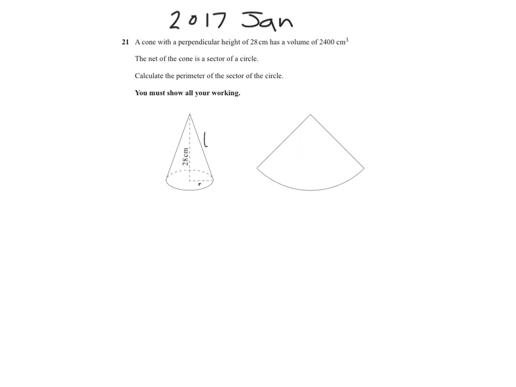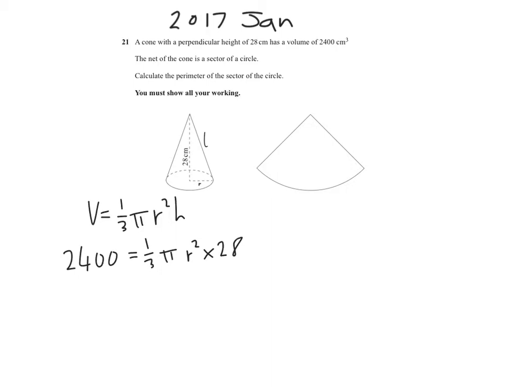The volume of the cone, V equals 1/3 pi r squared h. So 2,400 equals 1/3 pi times the radius squared, which you don't know, multiplied by the height, 28. If we times everything by 3 to get rid of the third, you get 7,200 equals pi times the radius squared times 28.